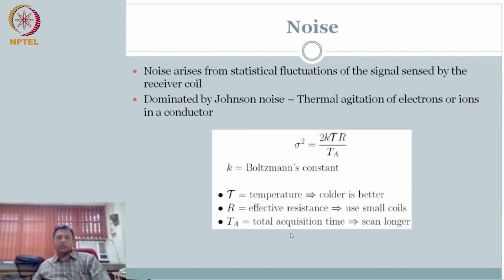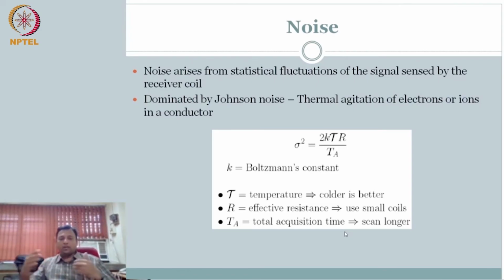Then total acquisition time should be as long as possible. Again, this is a trade-off. If you have gone to MRI scanning, you realize it may be uncomfortable. I don't know if you felt uncomfortable or not, but most people find it uncomfortable. Especially if you are a patient, your breathing causes artifact, and you have to stay there.